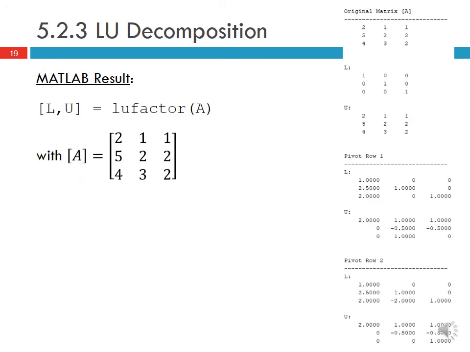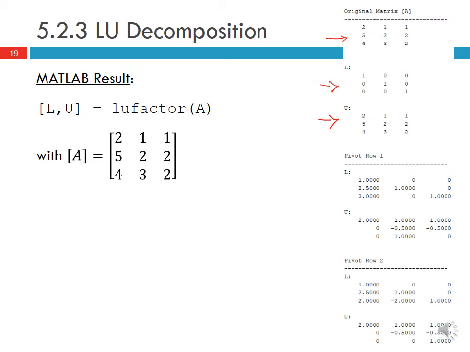So with our matrix A, this is the result of the LU factor code. You can see we start with the original matrix, and then what the original L and U are. So L is the identity, and U is just the original matrix.